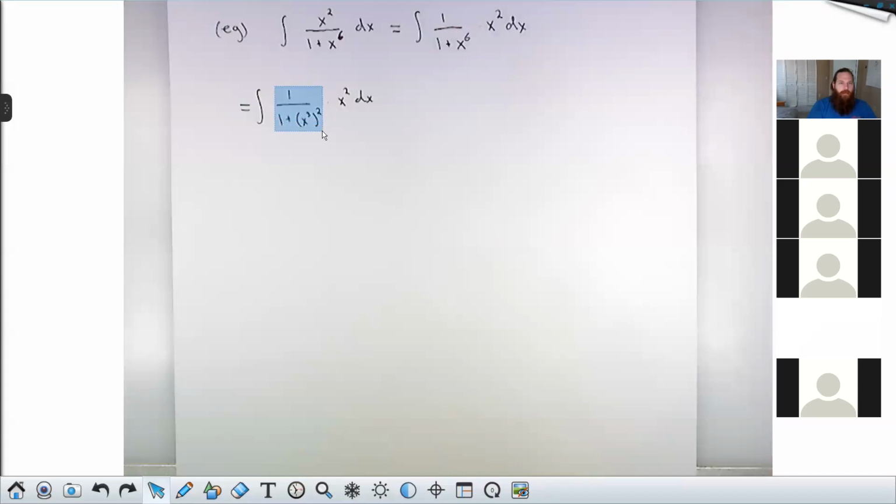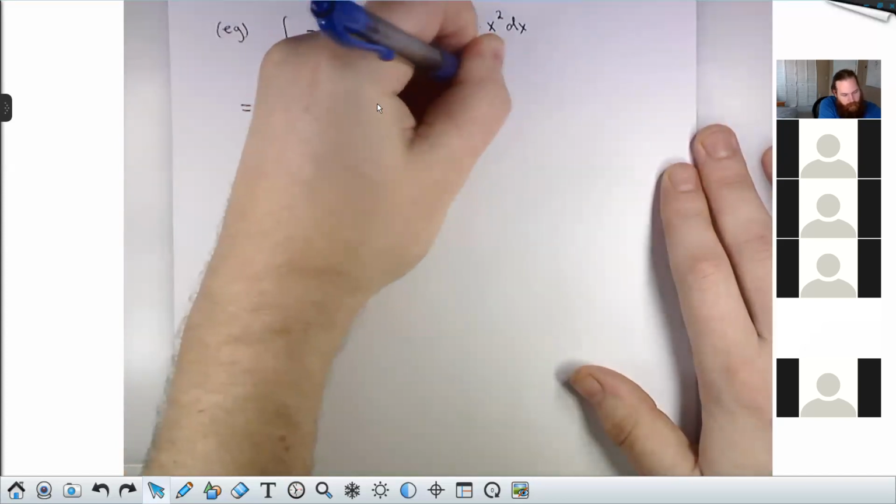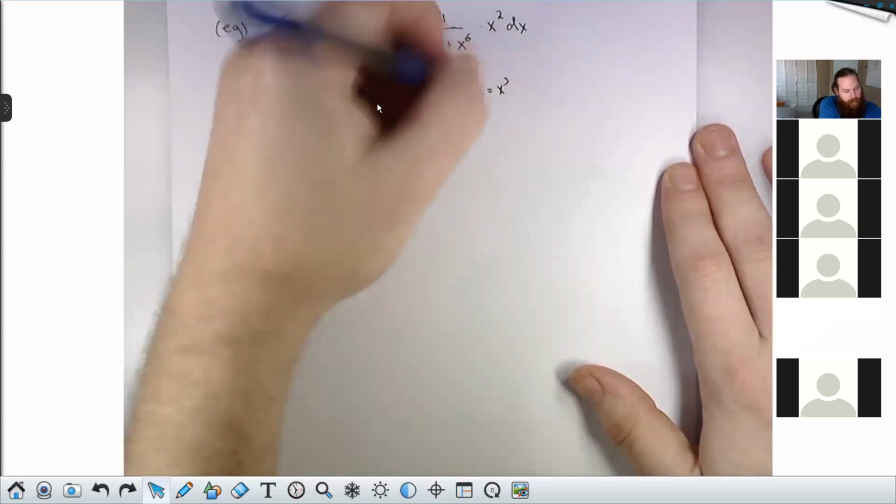This is my outer function. This is my inner function. This isn't exactly the derivative of my inner function, but it's pretty close. The derivative of x cubed is 3x squared. So we're going to try to substitute for x cubed and try to make this piece work with the differential. So I'm going to let u be x cubed.